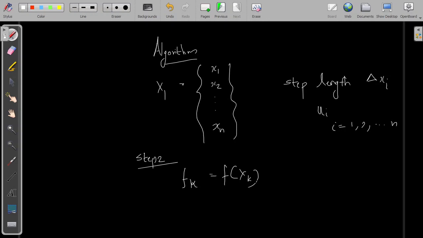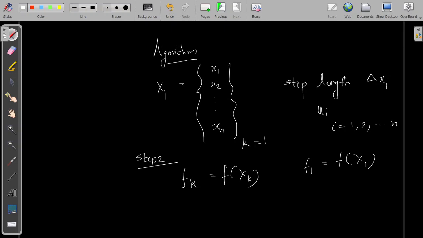That means we are introducing a new variable k, and that is initially set as 1. So here it will be f1, and that's equal to f of x1, that means our base point, or that is the starting point.